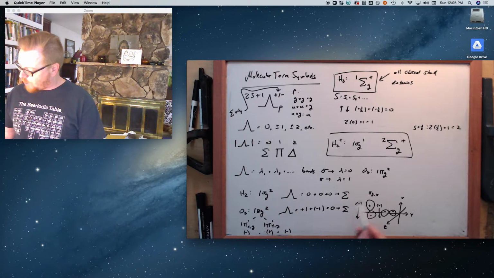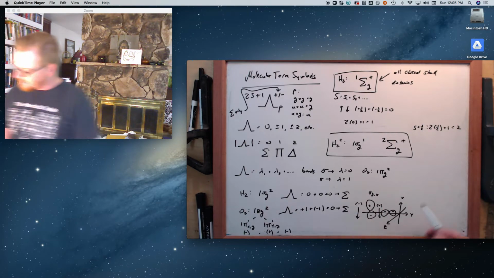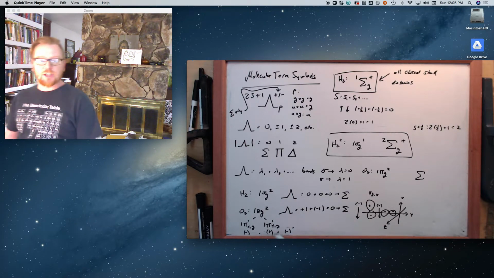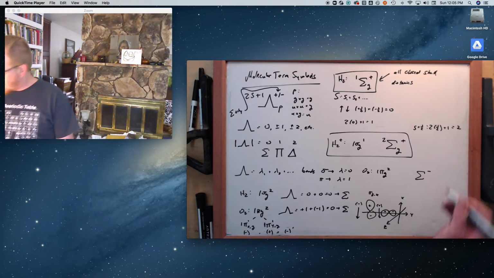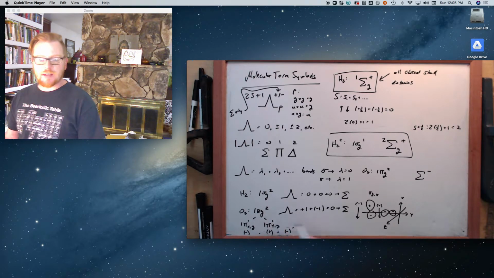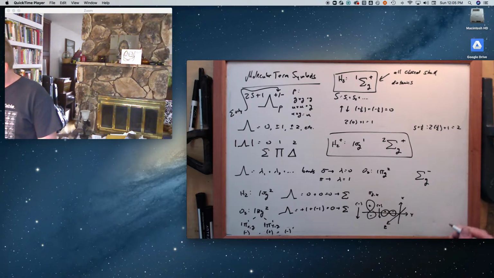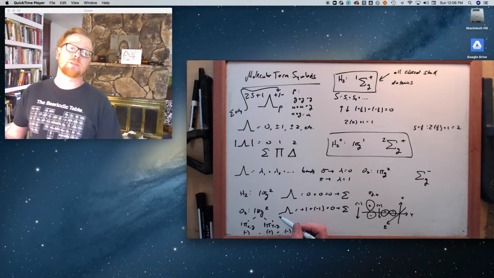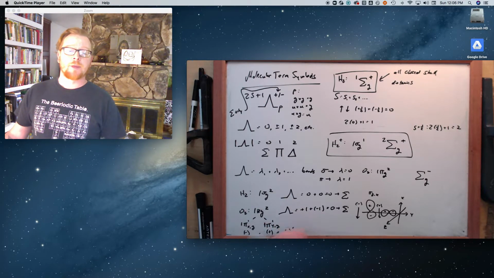And so now going back to my O2 state, we said that that's a sigma. This symmetry operation tells me that it has to be a negative right there. Both of those are g, so a g times a g gives me a g. And then finally, you might recognize, again from our atomic term symbols, that they're both spin up.